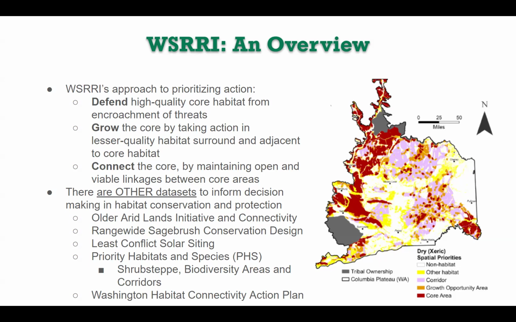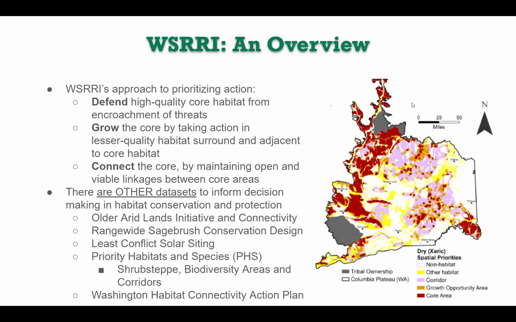Sonia is going to drop a link in the chat that will provide a really brief summary comparison of these data sets. What we're doing today, though, focuses on the WSRRI spatial priorities and the tool that we've created.